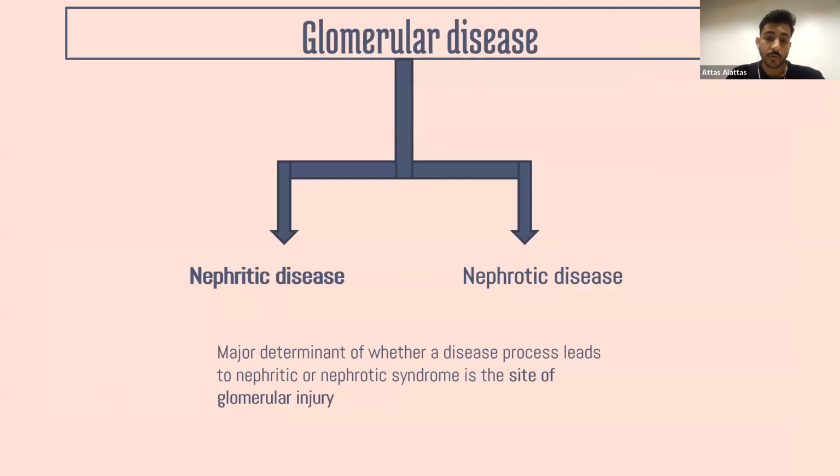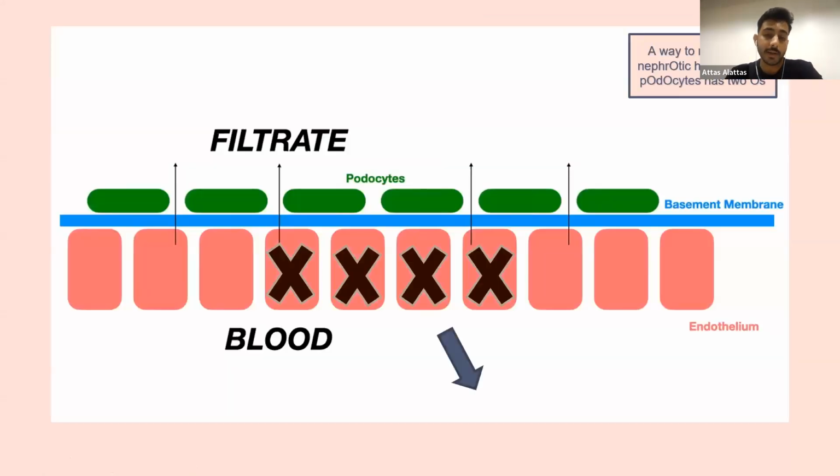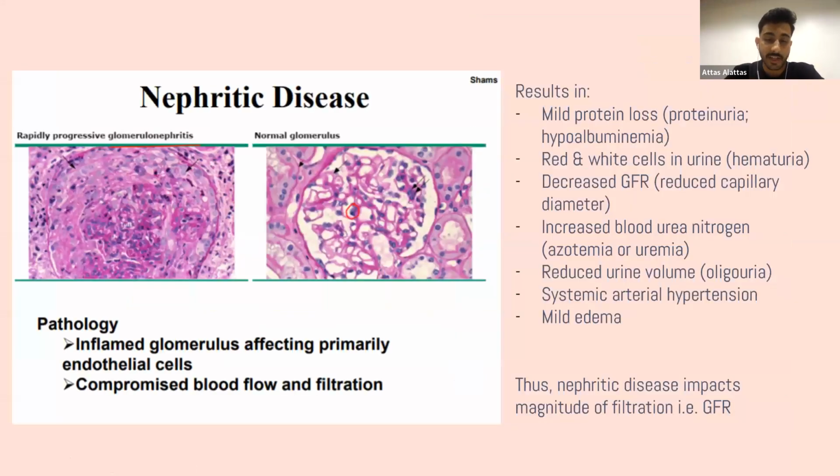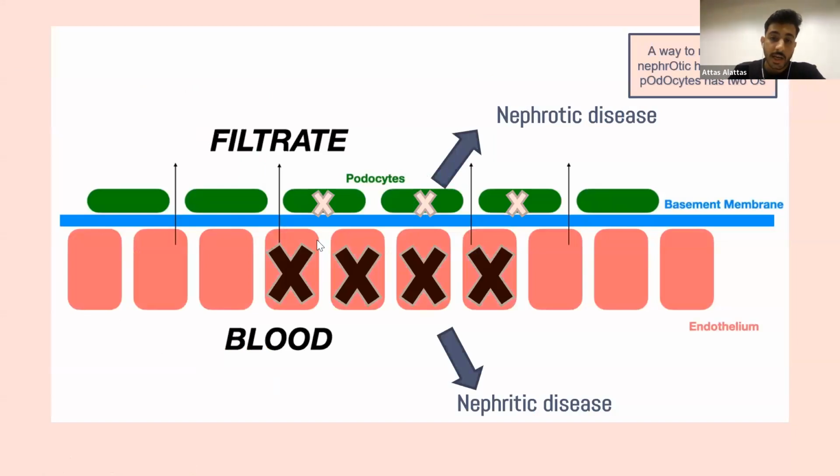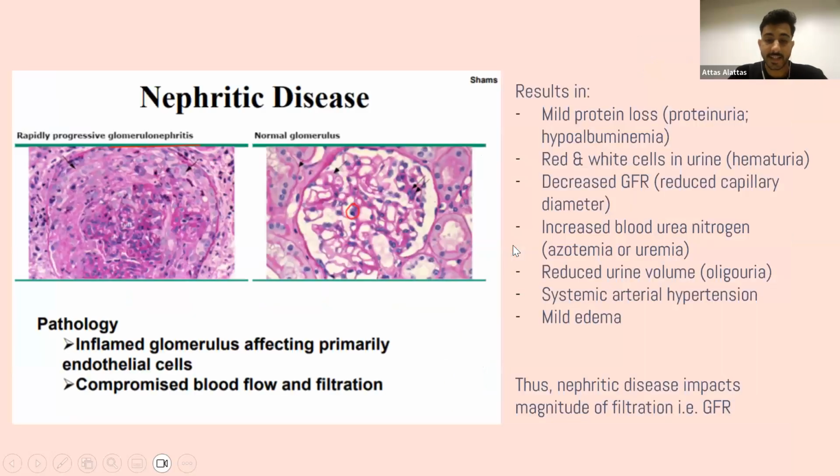We said two categories, nephritic and nephrotic. The determinant of whether a disease is nephritic or nephrotic is the site of injury. If it is in the endothelium, it is nephritic. If it is in the basement membrane or the podocyte, it is nephrotic. So what is the difference between nephritic and nephrotic? In the nephritic, where the injury is in the endothelium, we said that the endothelium prevents the cells.